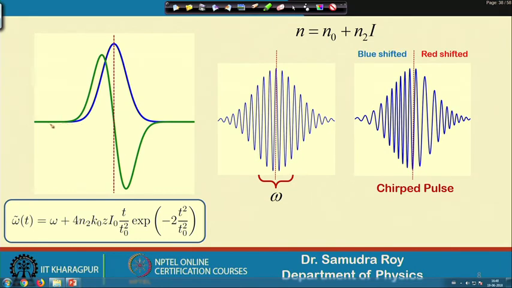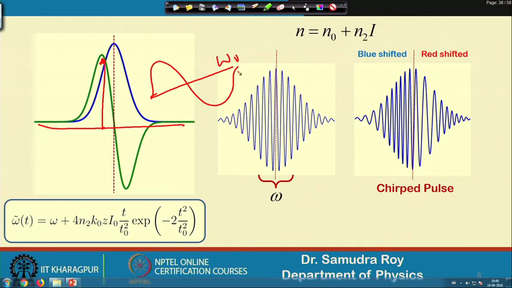Here what happens is that I change the frequency; we have a frequency omega, and on top of that we have a modulation. Some portion of the frequency will be added, some portion will be subtracted. You can see that this is a gradual change altogether.